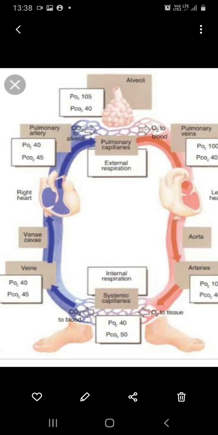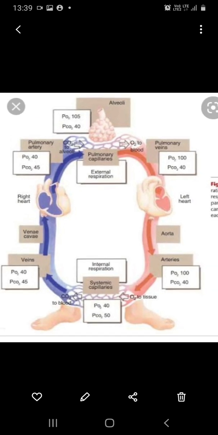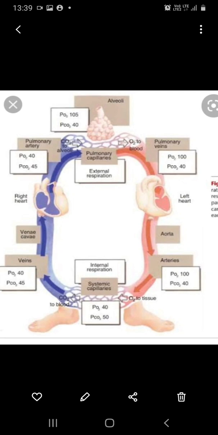We know approximately 21% of the atmospheric gas is oxygen, and the amount of carbon dioxide in that mixture is 0.04. The partial pressure for oxygen is much greater than that of carbon dioxide.